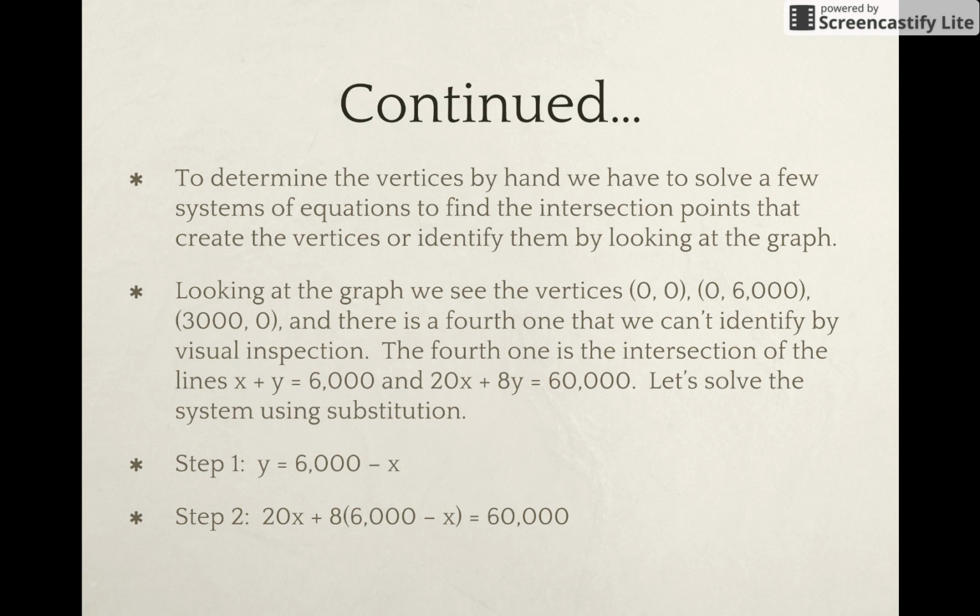So far we have the vertices 0, 0; 0, 6,000; and 3,000, 0. The fourth one will be found by solving the system of equations formed by x plus y equals 6,000 and 20x plus 8y equals 60,000.